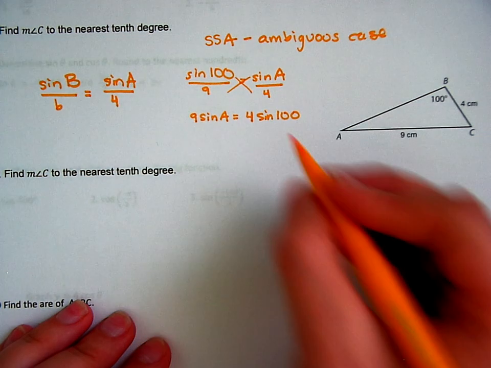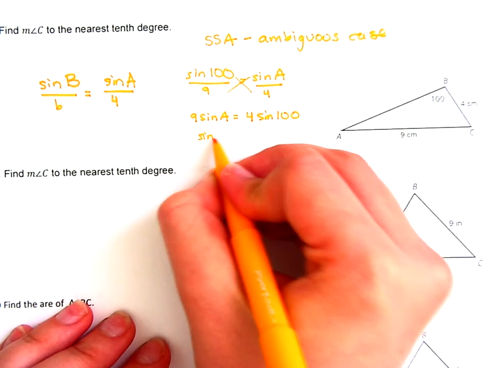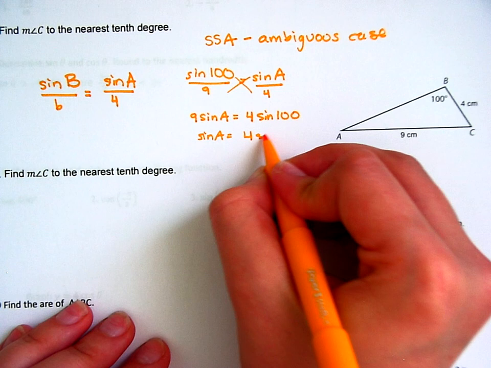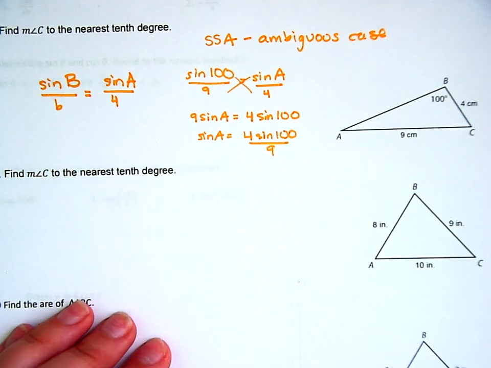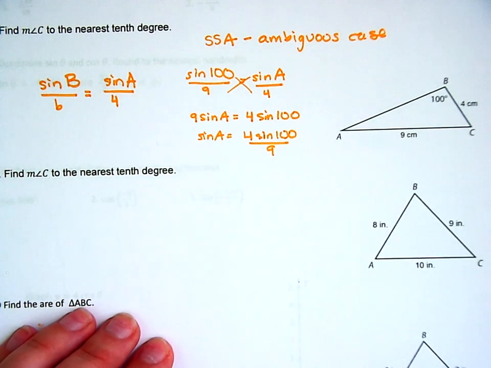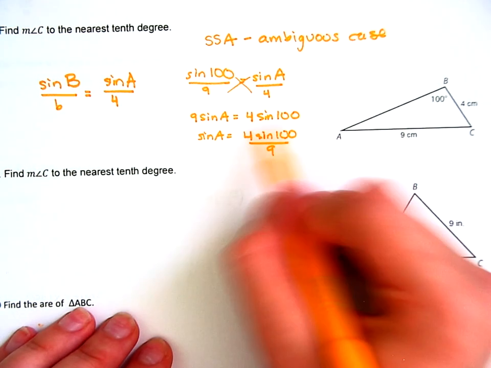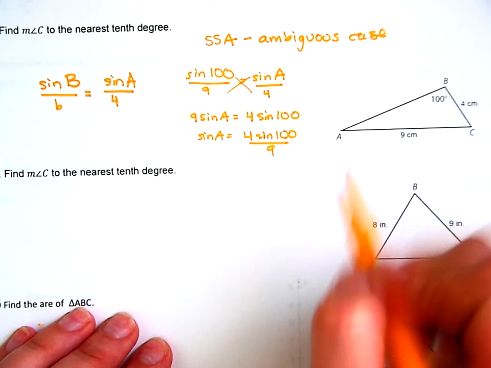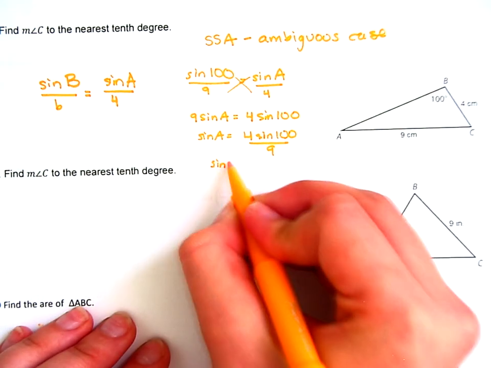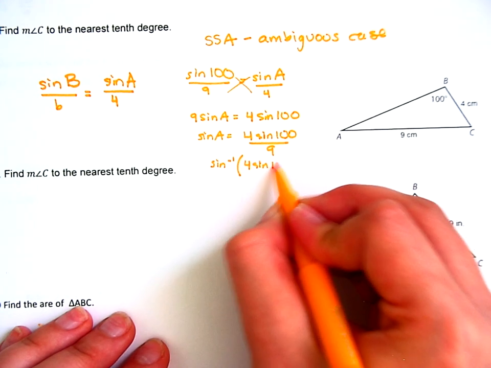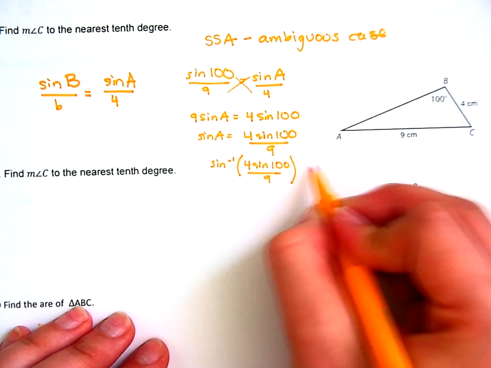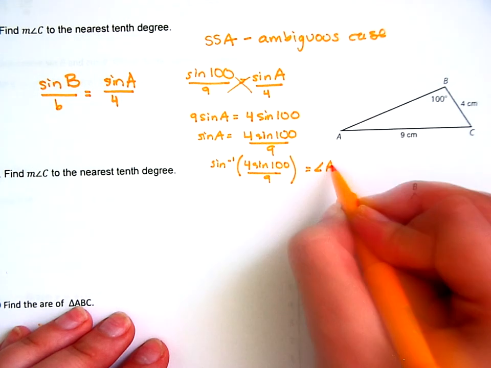I need to divide both sides by 9. And then I need to take sine inverse of this entire value, and that will equal A. So sine inverse of this entire value is going to equal angle A.